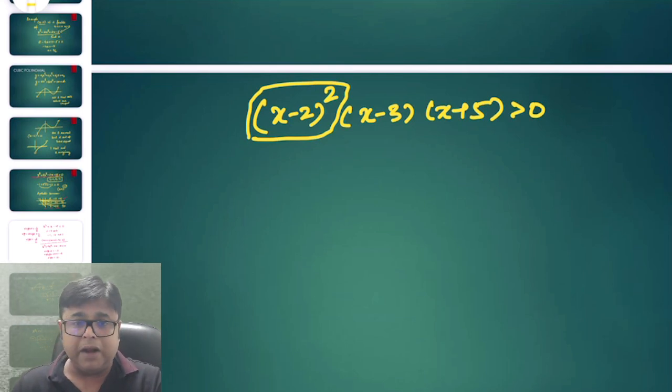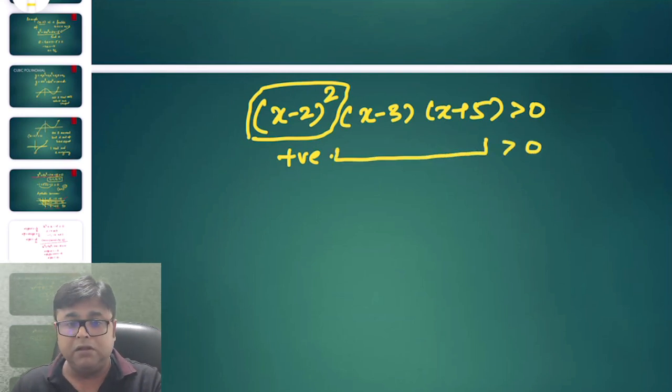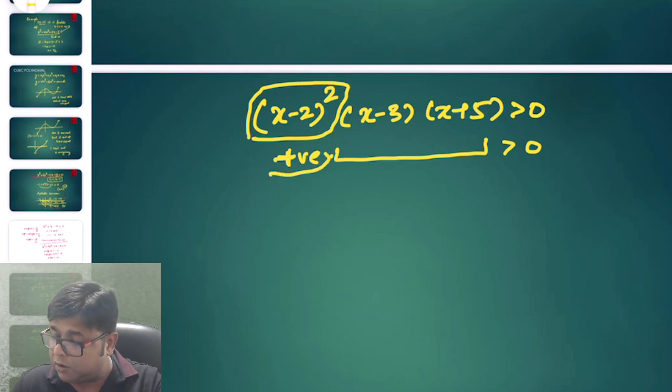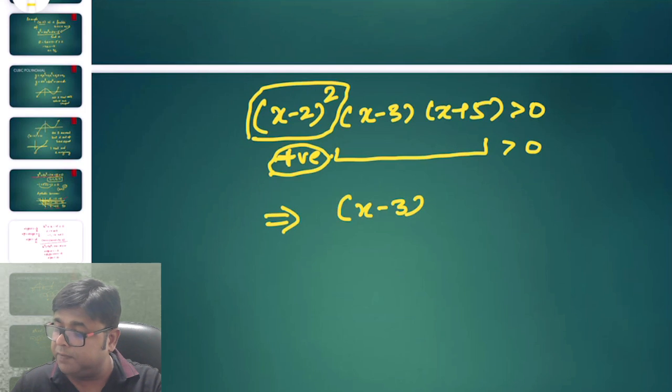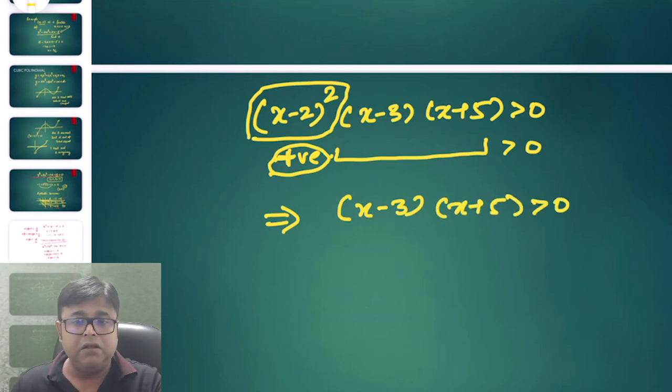First of all, I'll apply number theory, and it says that since all of them are in product, and this square is always positive, a square value cannot be negative, so for this entire expression to be positive, the implication is that x minus 3 and x plus 5 should be greater than 0, right?